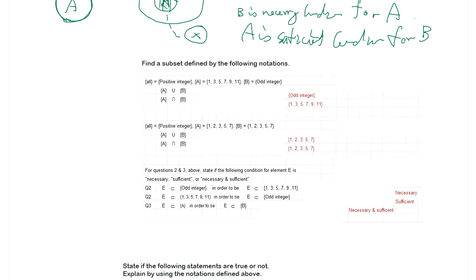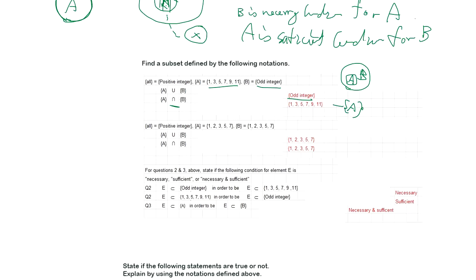Find a subset defined by the following notation. This is a little bit of practice. It said odd integer and this. So the union is odd integer, odd integer covering this A. And the intersection is this A. Right?